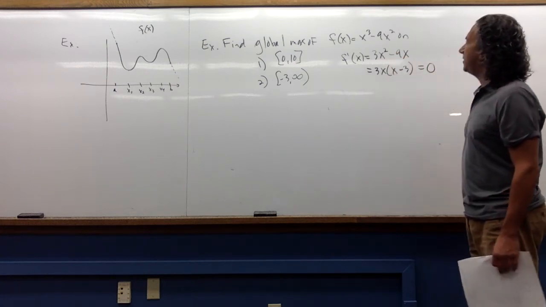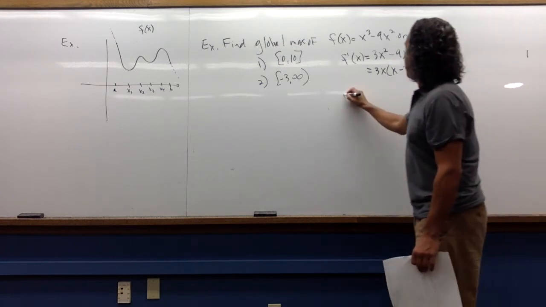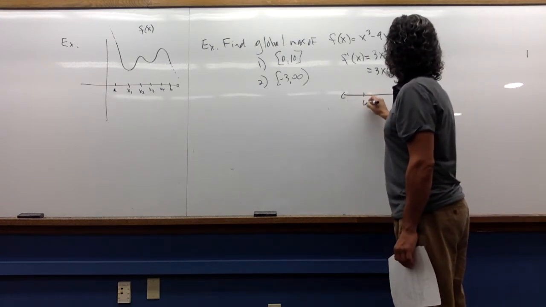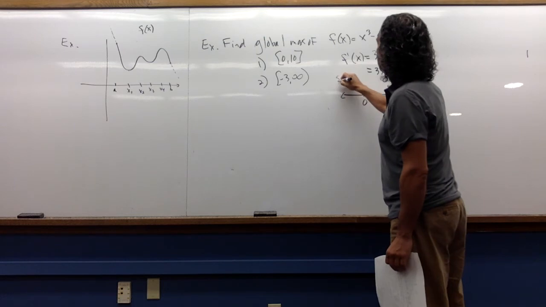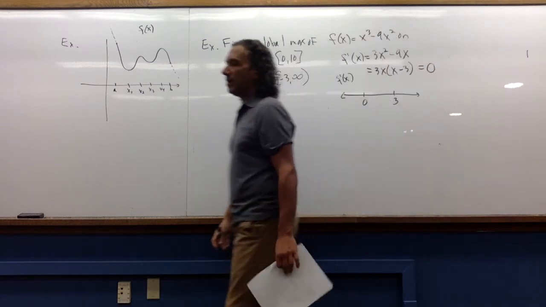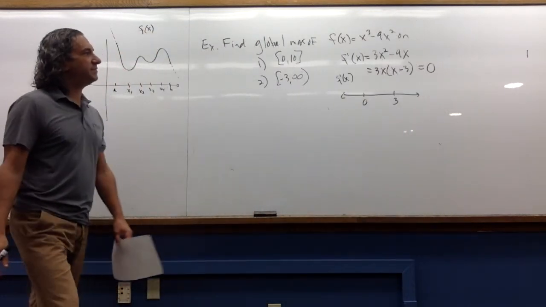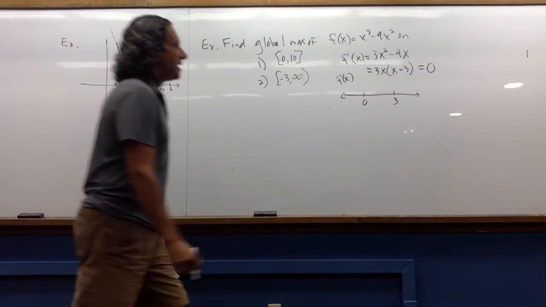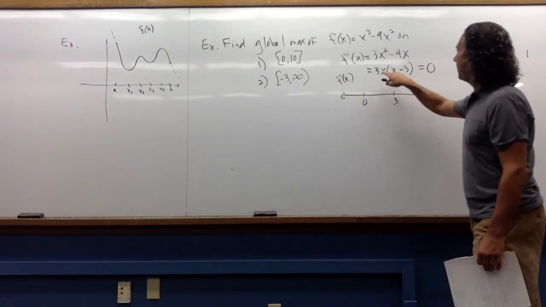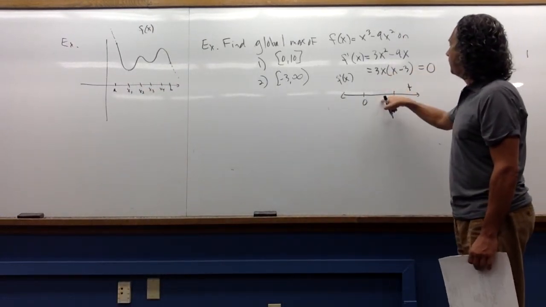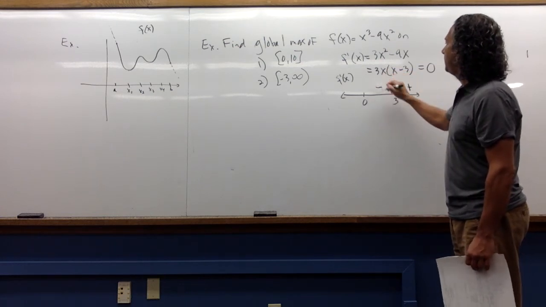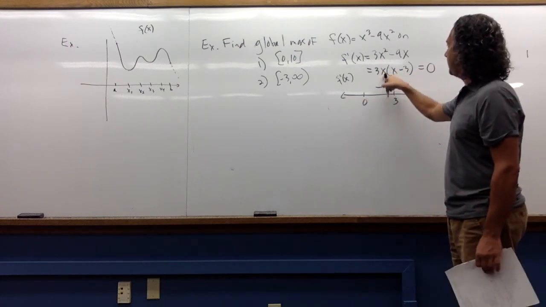So let me set it equal to 0. And it looks like 0 and 3. 0 and 3 are the places where that derivative is 0. So plugging in numbers, let me plug a million in, I get positive, positive. Let me plug in 1, I get positive, negative. Let me plug in -20, I get negative, negative.